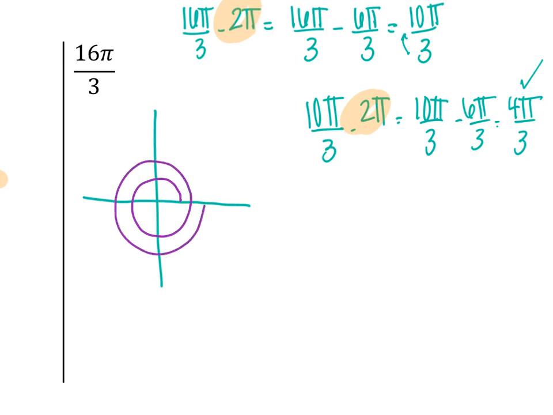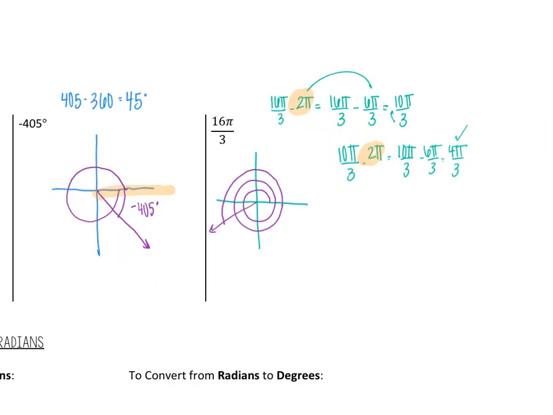That gets us 2 rotations around, and then we need to go 4 pi over 3 farther. 4 thirds is 1 third larger than 1 full pi, so we land in quadrant 3. If that was confusing to you, I'm going to teach you a way in just a minute to change that 16 pi over 3 into degrees and deal with it in degrees if radians are confusing to you.